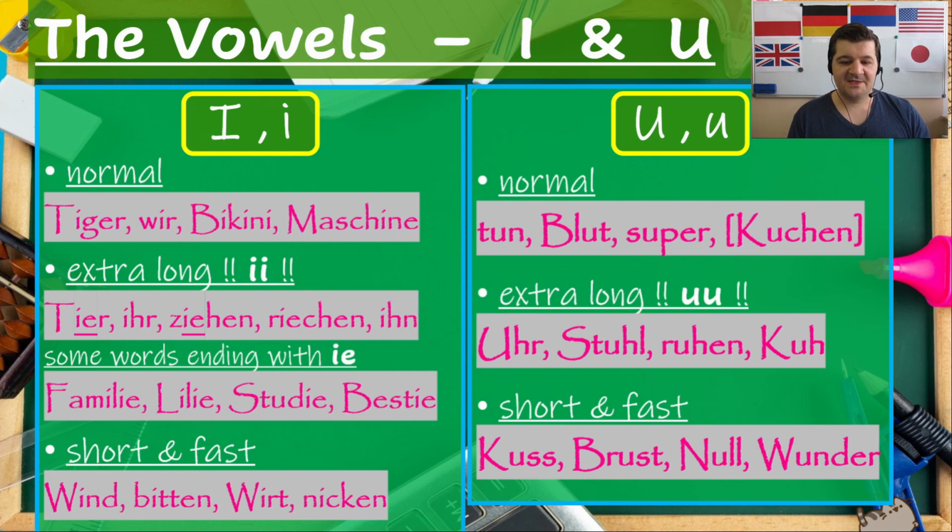Yeah, and that's it for our first lesson already. Next one will be about the mixed sounds and, well, some special sounds that there are in the German language that you can come across, and a lot more examples that you will meet there.